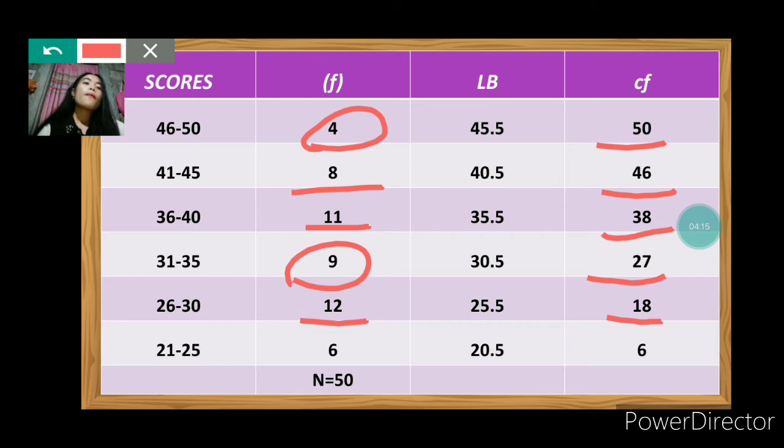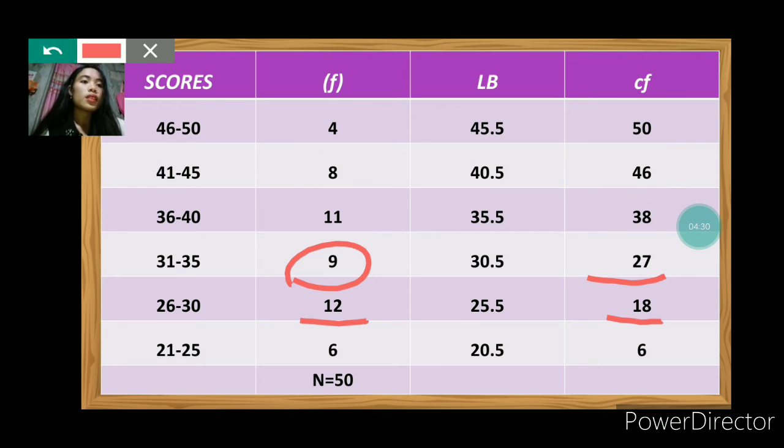So the last cumulative frequency is the same as our total frequency. So we have here 50. Let's just delete this. So that's how we get our lower boundary and our cumulative frequency.